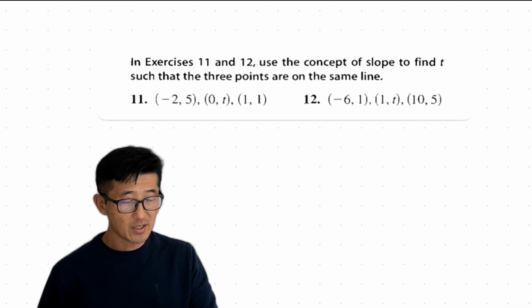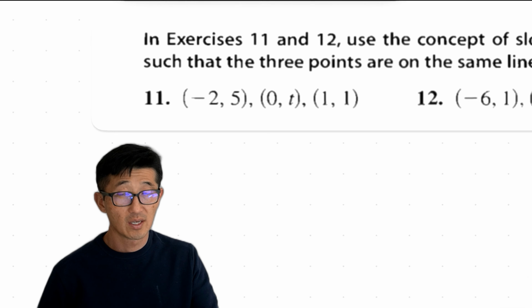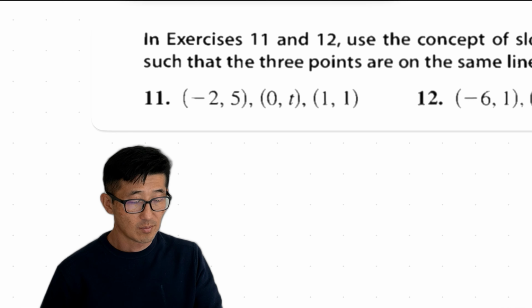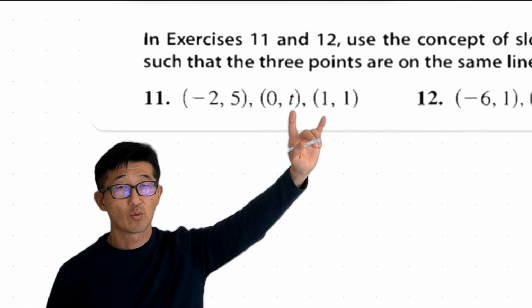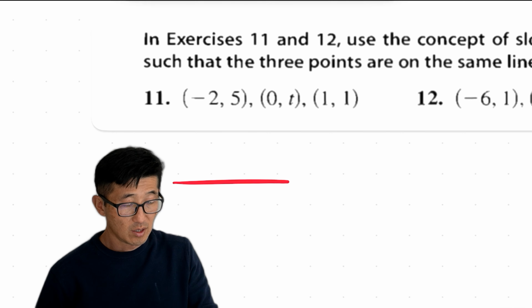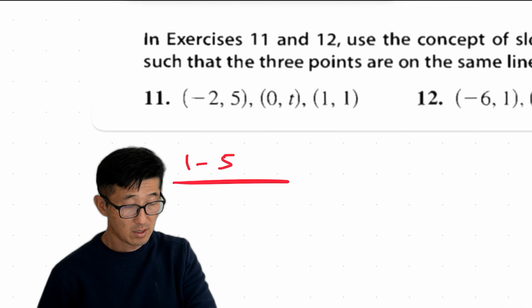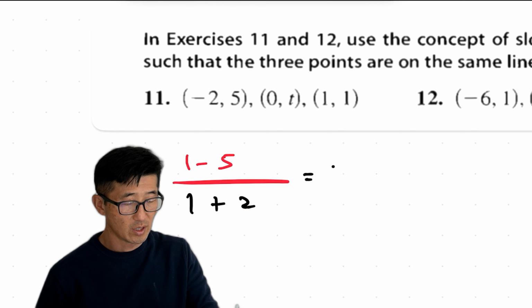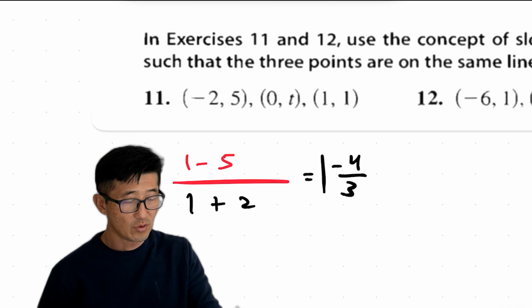Okay, so basically find the slope between those two, and then set it equal to the slope using another two coordinates, but with the letter t. So it'll be 1 minus 5 over 1 plus 2, and that's going to give you a negative 4 over 3.